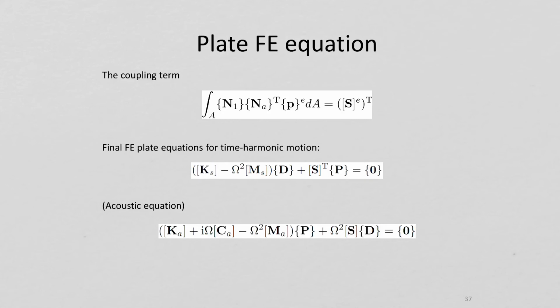We have the effect from the pressure onto our vibrations, and we have the effect of the vibrations onto our pressure, both expressed with this coupling matrix that we call S. Well, the final plate equations then just give us this extra term that we need to add to the finite element plate equations. And then, of course, we also may have damping in our plate in addition to this, of course.